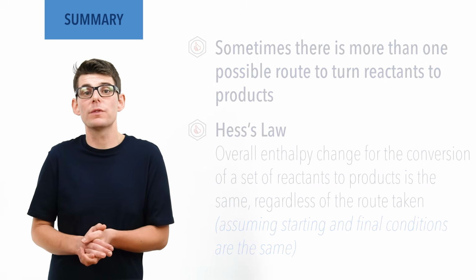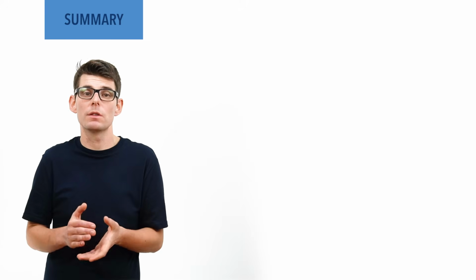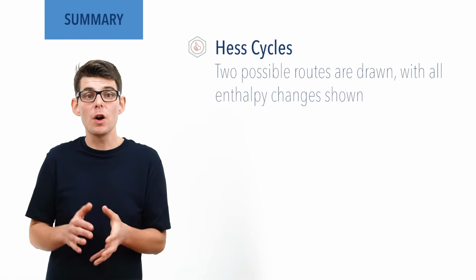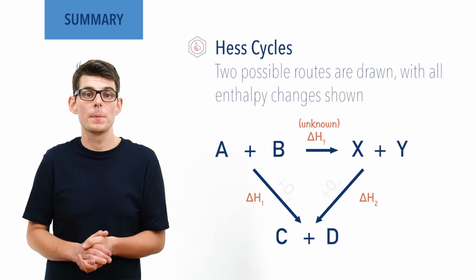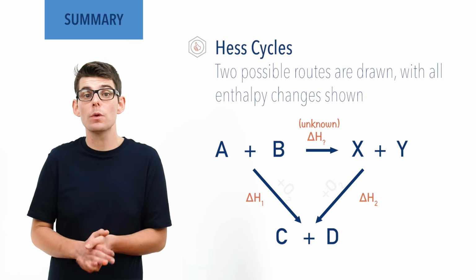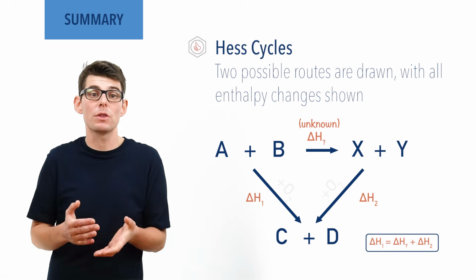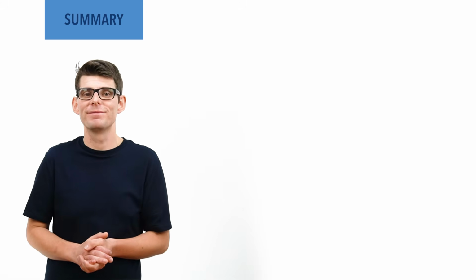It is possible to find the enthalpy change for a part of a route if all other enthalpy changes are known. This can be done using Hess cycles, where both possible routes are drawn out with all enthalpy changes shown. Hess cycles are useful to help find out the enthalpy change of a reaction that will be hard to measure experimentally. For example, enthalpies of formation.